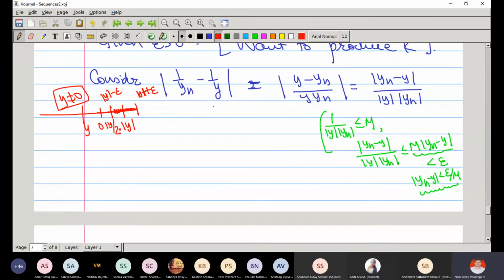Right, the absolute value of y by 2. But do you understand? Can we produce such a k? After that k all terms are greater than this number, the absolute value of y by 2? Is it possible, first of all? Yes, sir. Right. So if it is possible, then think about how to make it possible, meaning how to write it down clearly.